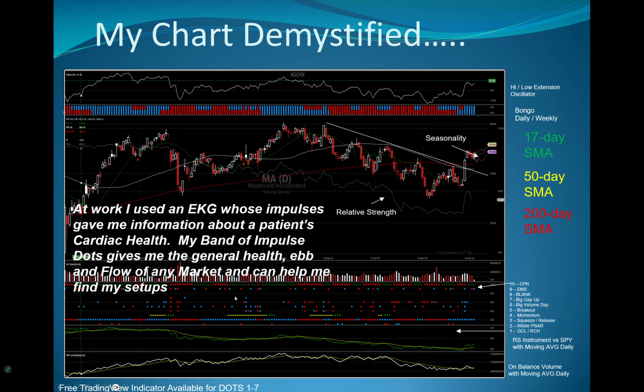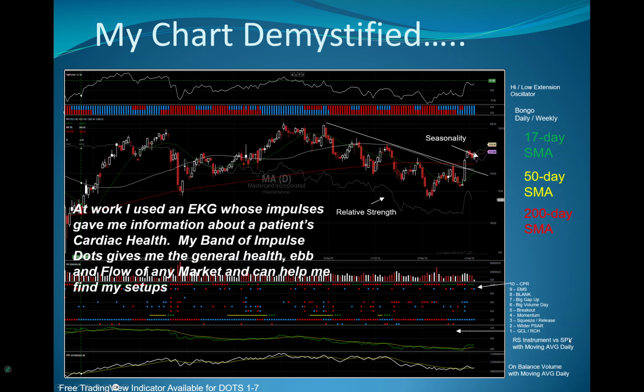Then you have an empty space, and then you have 2 different crossover trading systems, the CPR on top and the EMS. Not going to go deep into those right now. Next one down is the relative strength of your instrument, in this case MasterCard, versus the Spider.